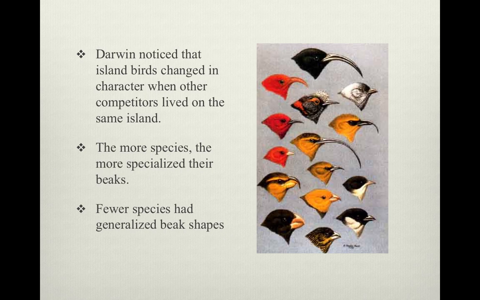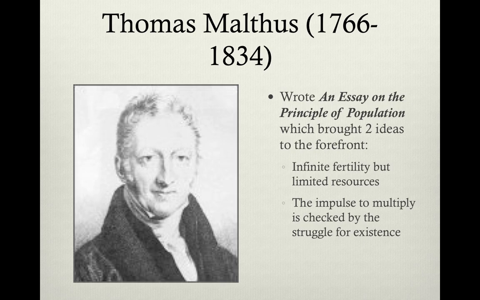And then we have these finches that have this generalized beak shape that makes them very effective at eating just generalized finch seeds. And so we see on the largest islands where there's much more competition present all of these expressions of beak shape, and that what it does is it minimizes feeding competition so that all of these birds can live and reproduce. Darwin was influenced by Thomas Malthus.